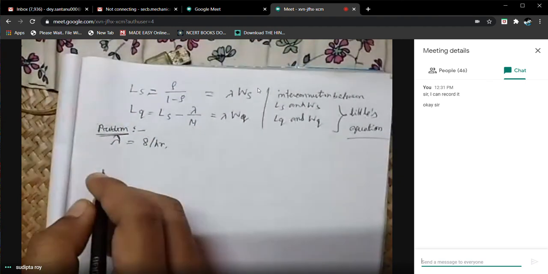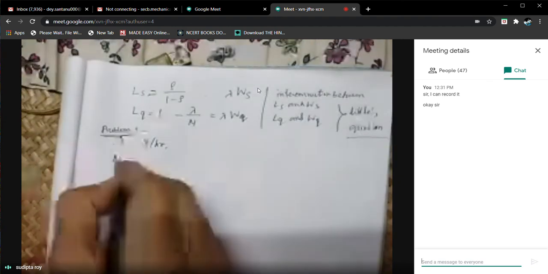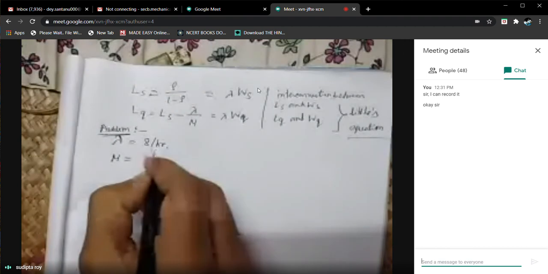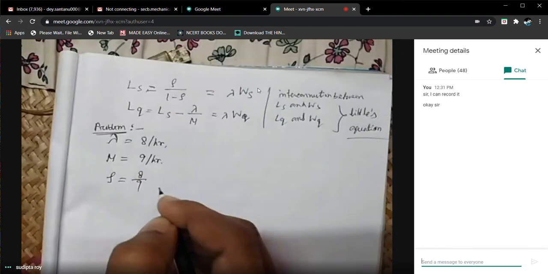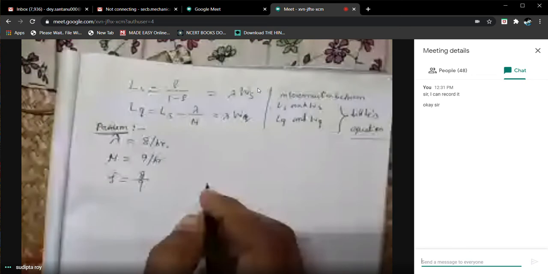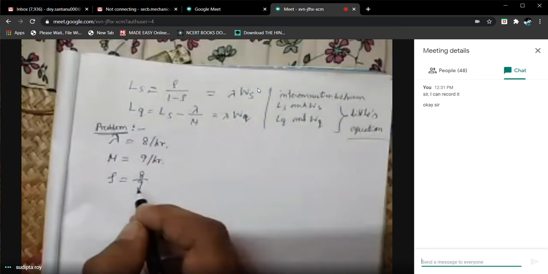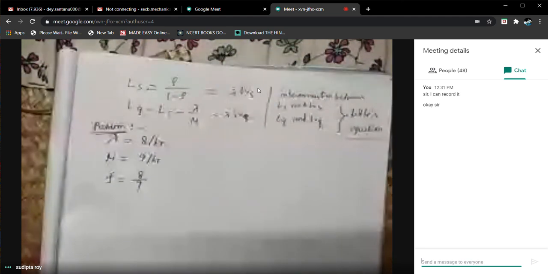The service rate mu is, say, 9 per hour. Then rho will be equal to 8 by 9. Rho means the traffic intensity, which is lambda by mu.